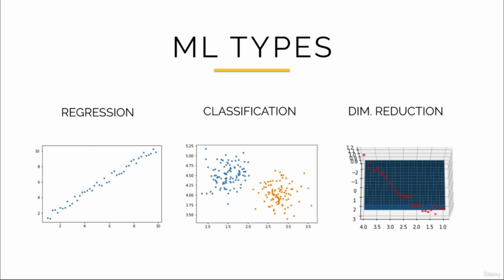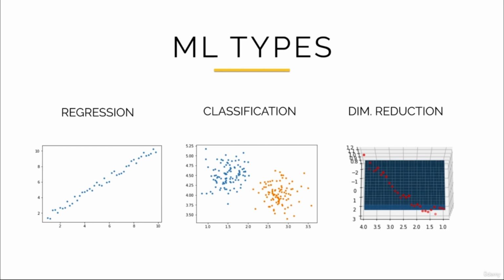Classification, on the other hand, is where you're trying to split your data into different groups. In this case, and this is the same chart that we used last time, we have two different groups, and the goal of your algorithm is just to sort data points into either group A or group B. For example, if you have users on your website, the machine learning algorithm could look at what the user does, and then say either this is a user who's likely to purchase from us in the future, or this is a user who needs more hand-holding, or more education on how to use our product, or however else your groups may come about.